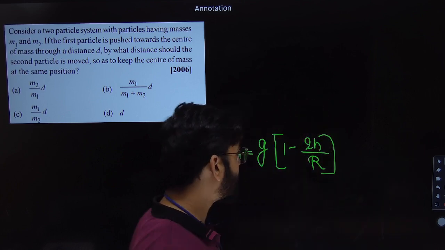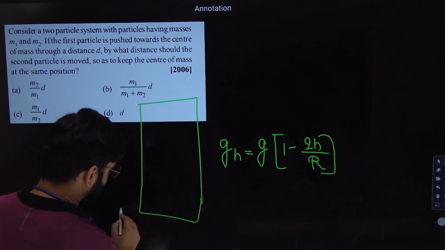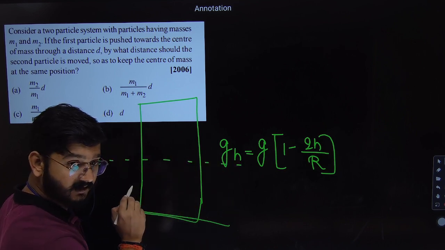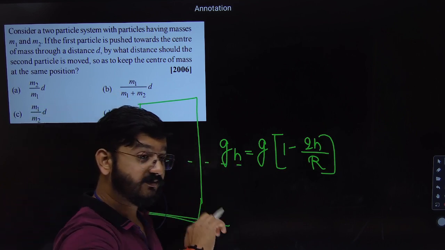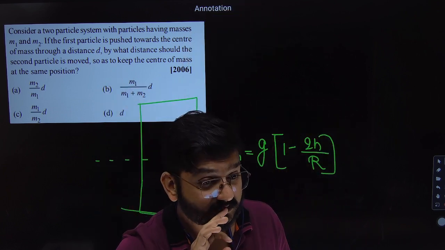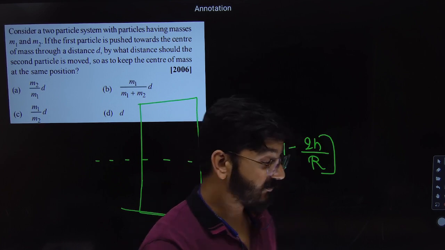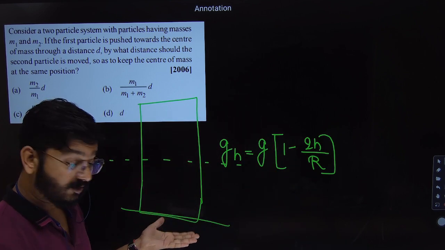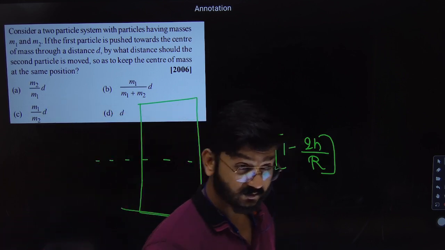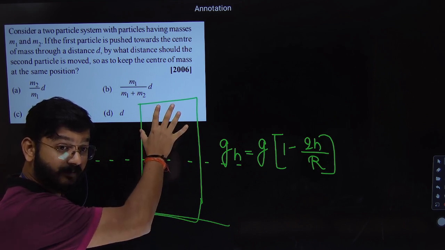So if I take a building which is very tall and divide it into two equal halves, the floors on the upper half will have more weight or less weight? Less weight, because the value of g is decreasing. But the floors on the lower half, close to the ground, will have more weight. So weight will be more in the lower half, less in the upper half.